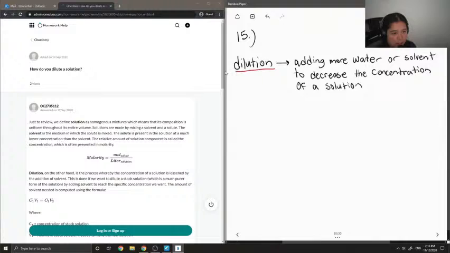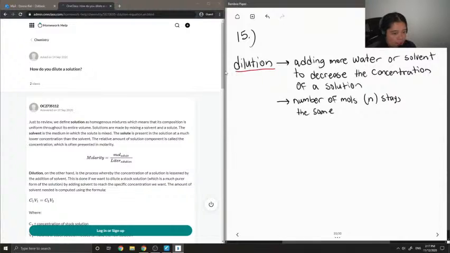So when we add more water to an existing solution, basically we can recall that the number of moles stays the same. This is because we're not adding or removing any of the solute. We're simply just decreasing its concentration.